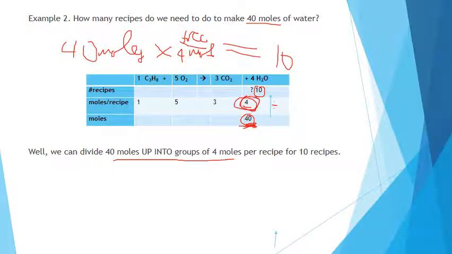One thing that you'll notice if you're doing dimensional analysis is that when I group, I say divide up into, so I divide by the grouping size. But if you're using dimensional analysis, what you do is actually take the inverse of the grouping size to use.